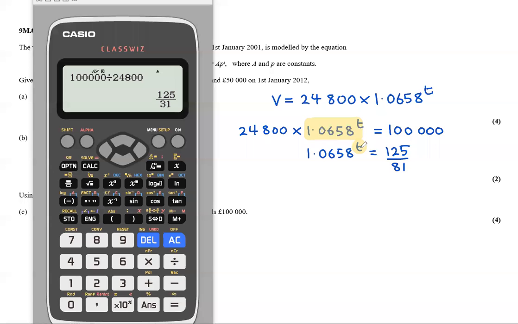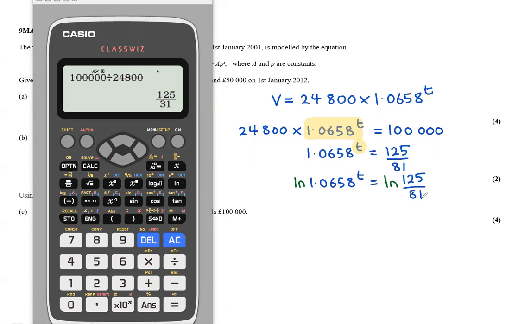So applying natural log to both sides, we're going to have ln. You can take any log to any base you like. It doesn't matter. The laws still apply. That's going to be ln of 125 over 31.